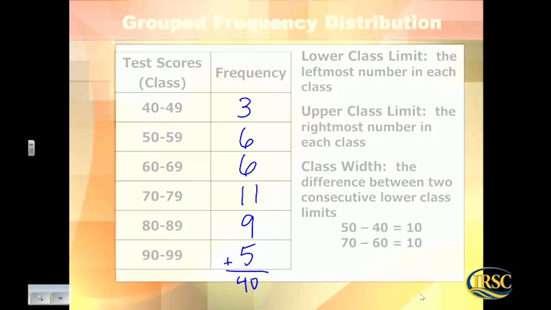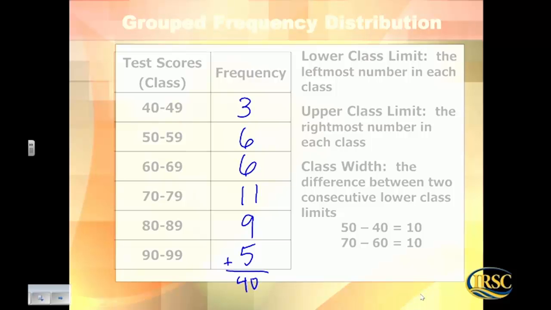Now, when you are creating a frequency distribution from scratch, the first thing you will do is determine what the class width would be. And if you notice, I did that for you. I said, you know what, we have test scores. Let's go ahead and group our numbers into tens. That's the first thing I said before we created our frequency distribution. So if you're going to create it from scratch, you want to decide on that first before you create your table. We could have done it by fives.